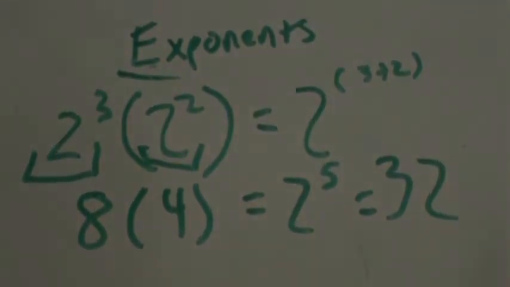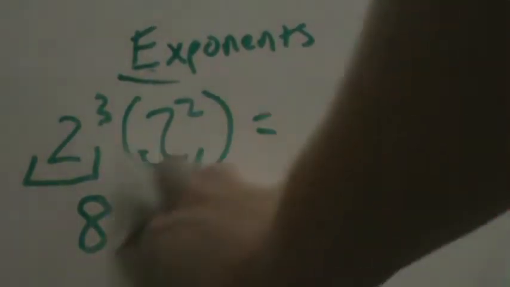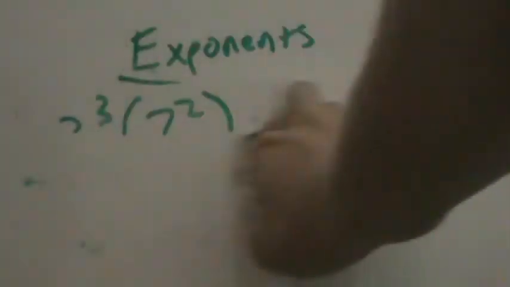So if you're multiplying exponents, they have to have the same base in order to add their exponents if you want to simplify. Now, if you have the situation where you have exponents being divided by each other, let's say 2 to the fourth divided by 2 to the second.